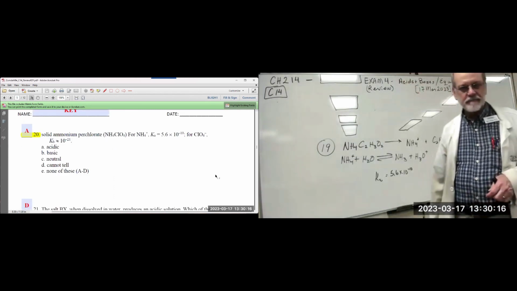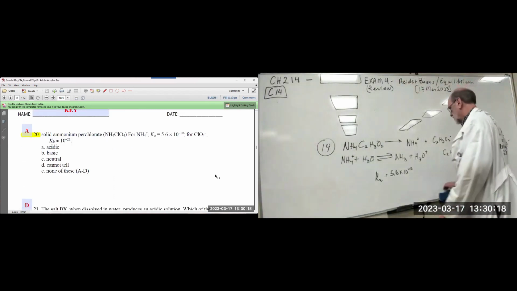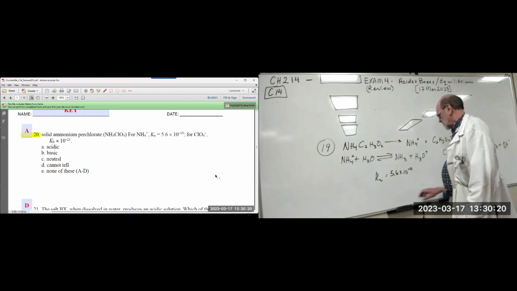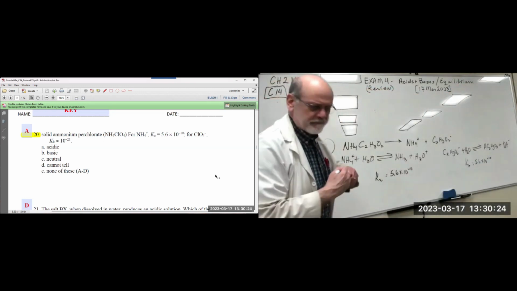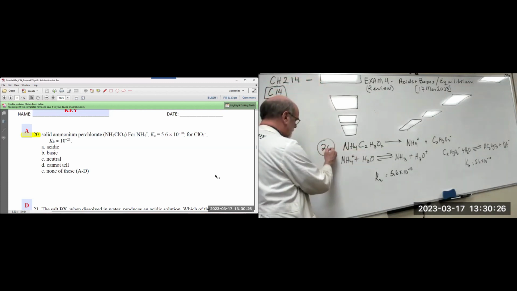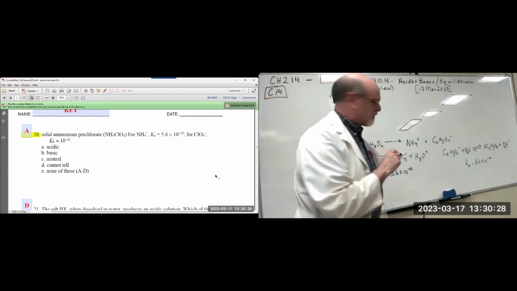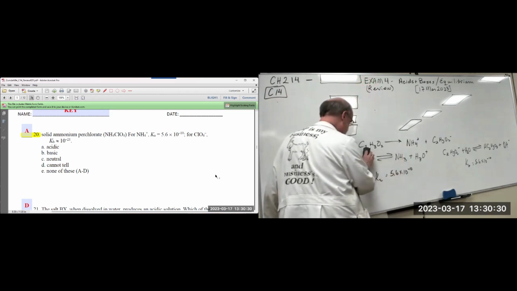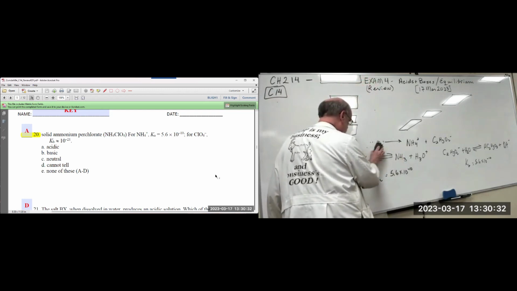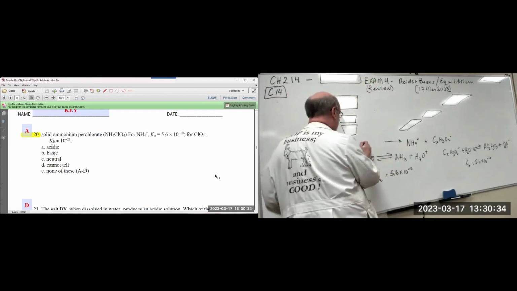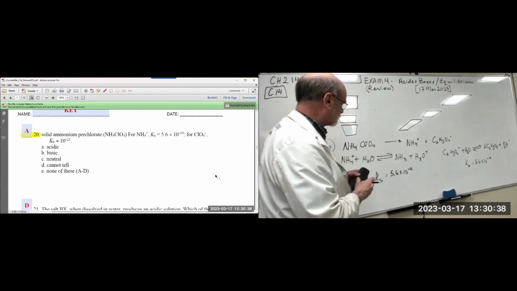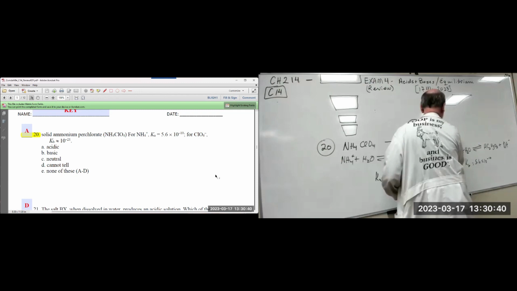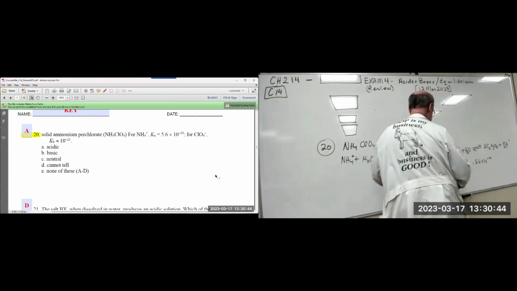All right. Oh, we get another one. Let's see. Can I save myself some writing here? 20. Ammonium perchlorate. Okay, so I'm going to change this. Perchlorate, ClO4, and this would be ClO4 minus.